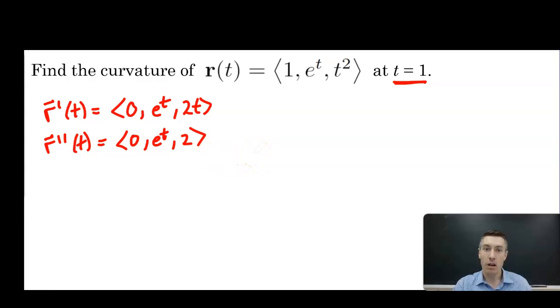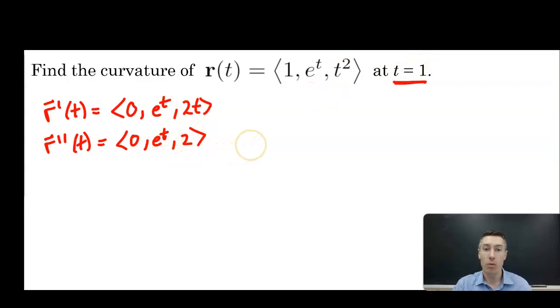Now, there's still a lot left for the computation of curvature, but there's no calculus left. We've done all the differentiation that we're going to need to do. The rest of the computation is cross products and magnitudes. And the reason I'm highlighting this is if we're done with the differentiation, we can plug in t equals 1 now.